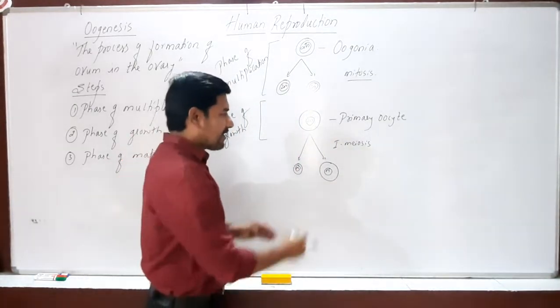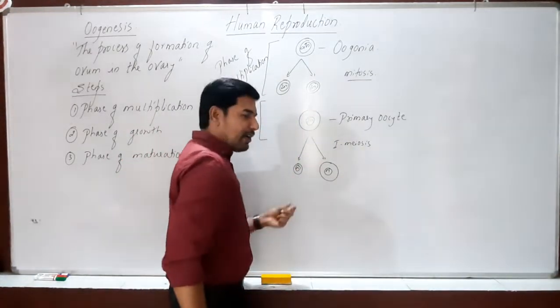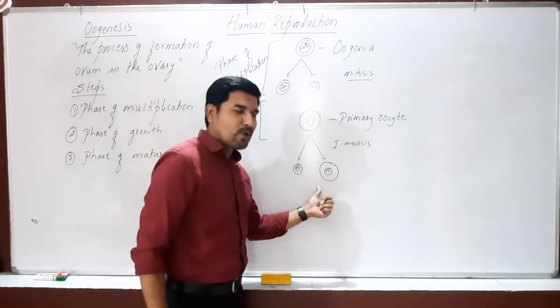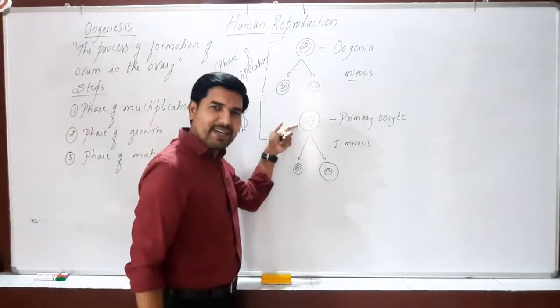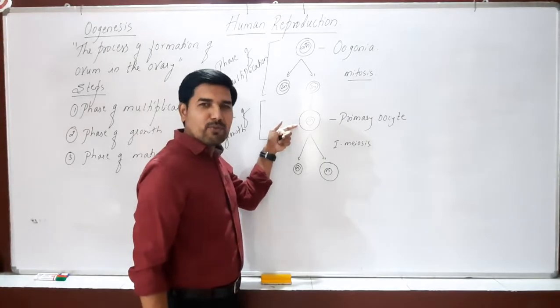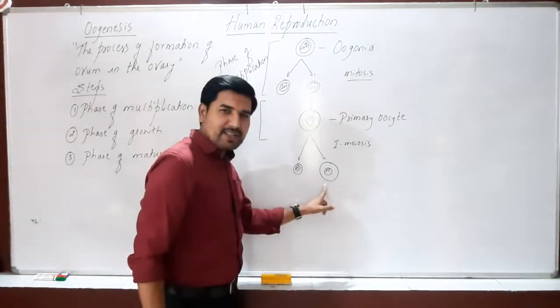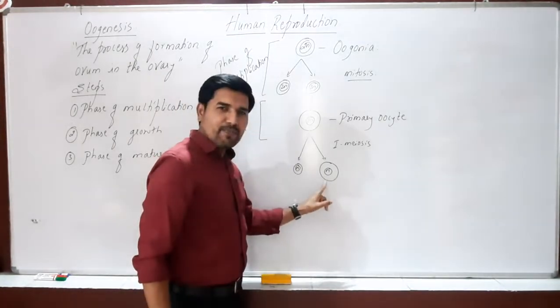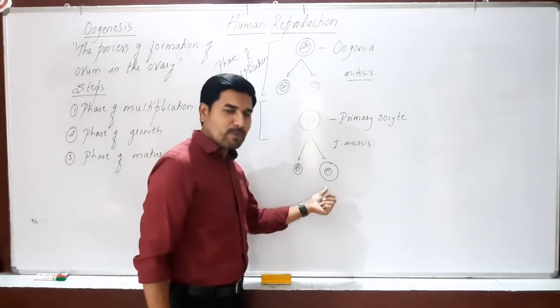First meiosis gives rise to 2 cells. It is diploid, having 46 chromosomes, and both the cells are haploid. Look at the number of chromosomes. Out of the 2 haploid cells, both have 23 chromosomes.